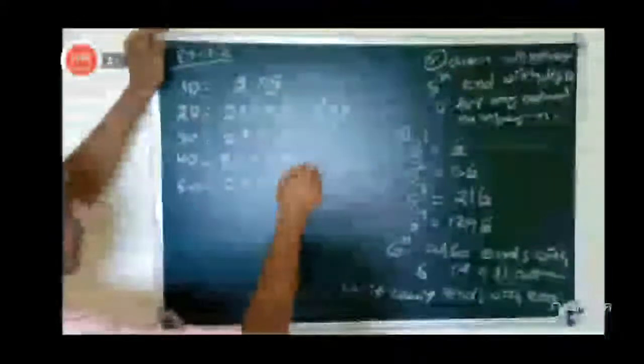So when a number ends with 0, one factor must be 5.